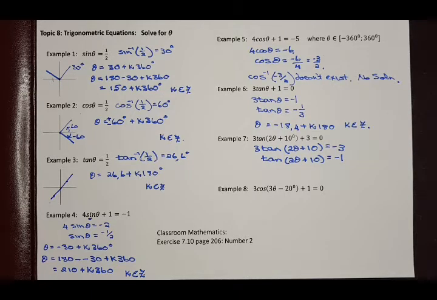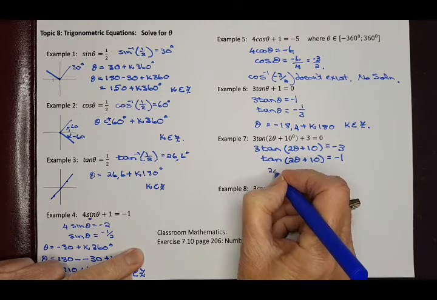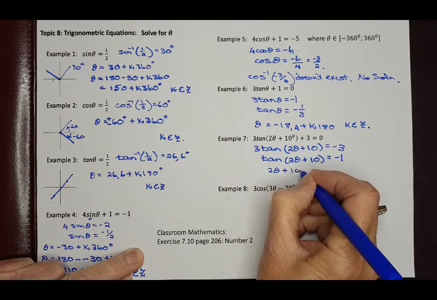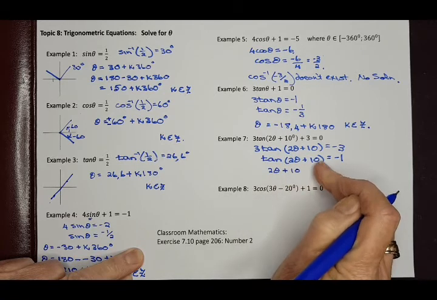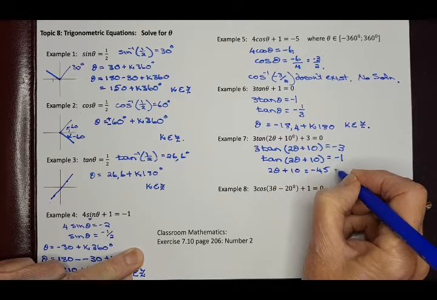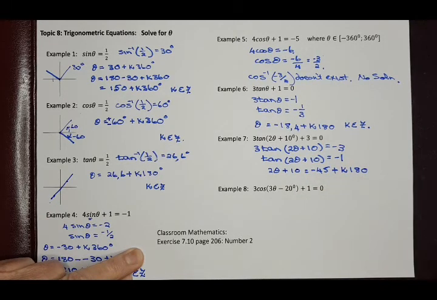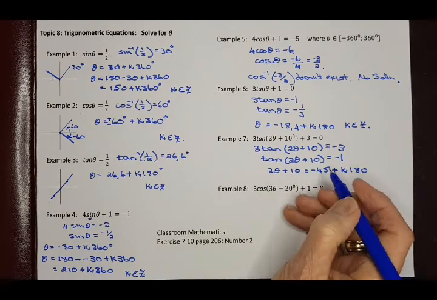How do I get rid of a tan? I arc tan. So arc tan of minus 1 becomes minus 45 degrees. So I have 2 theta plus 10, the angle. Arc tan of minus 1 is minus 45 plus k 180. I haven't finished until I have the theta by itself. So in order to get rid of the add 10, I am going to minus 10.